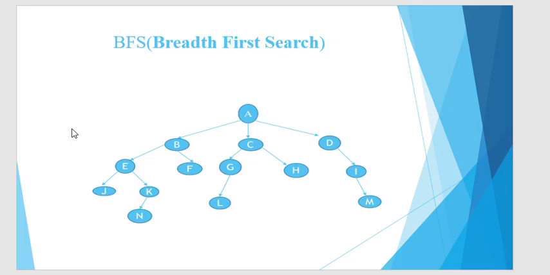In case of BFS, we know that BFS comes from uninformed search techniques. You can call it an uninformed search technique because we do not have information about how much space it will take, or how much distance we have to travel from the goal node to the starting node.